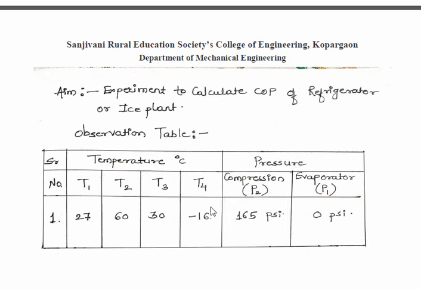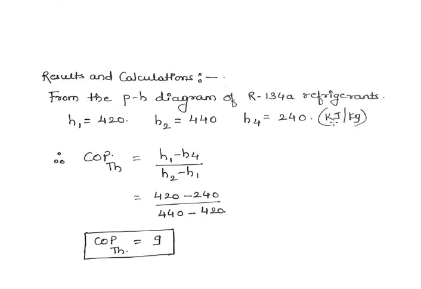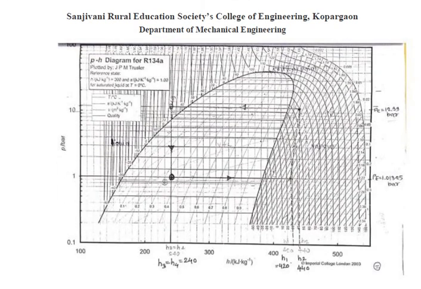Now, what you have to do, by using these temperatures and pressures, is draw the p-h diagram. This is the p-h diagram. On the y-axis you have the pressure, on the x-axis you have the enthalpy. So, our aim is to find out the enthalpy.